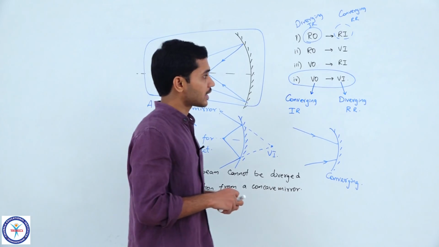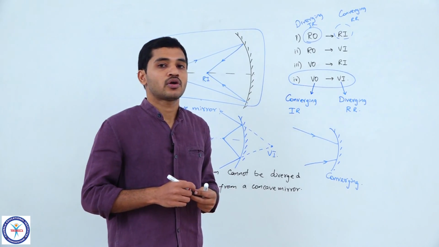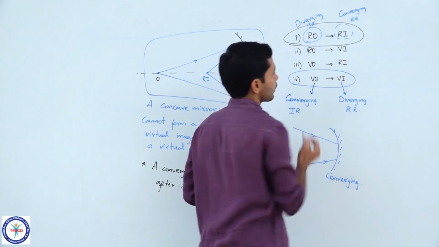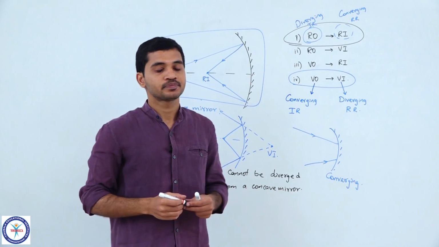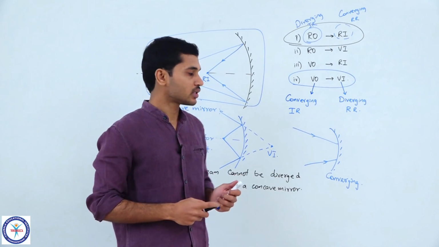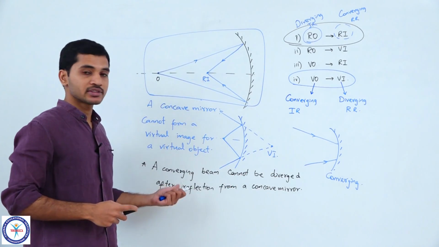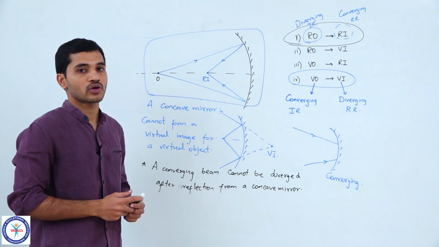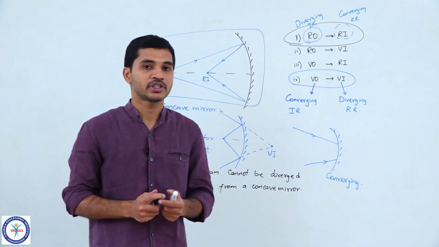Clear? And the case which a convex mirror cannot perform is this. Clear? So, please analyze that just like we have analyzed here for a concave mirror. Just like we have written some points for the concave mirror, write down similar points for the convex mirror. So, I hope to see that in your notes.